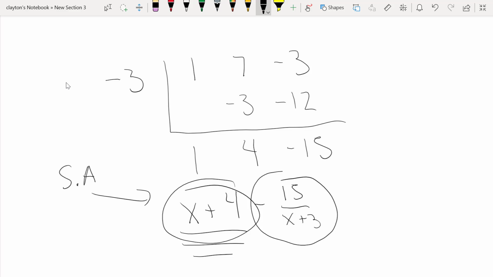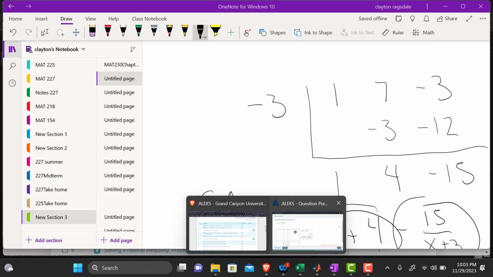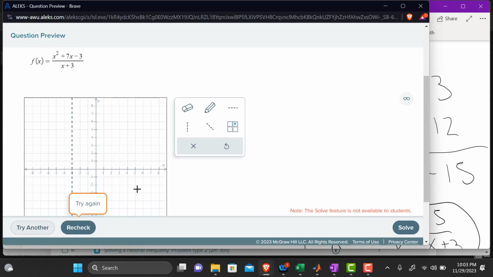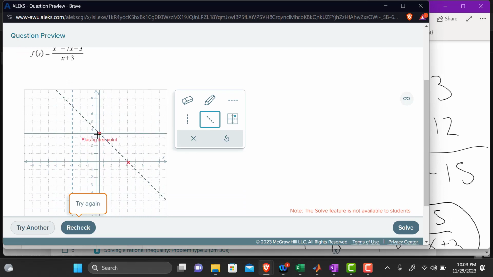Now we're going over this, but there's a good chance I'm going to throw this one out because I don't think I covered slant asymptotes, or at least I didn't cover them in detail. But just for the sake of this problem, we have x plus 4. So let's go back, and we have an x plus 4. We need 1 dot.